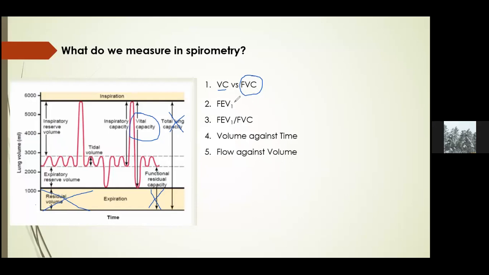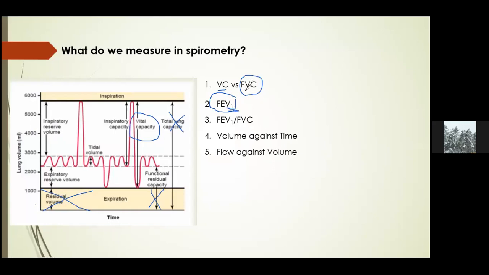It can also measure FEV1, and because I'm running out of time, I normally like taking my pre-lab for 1 hour. So next time I will discuss the forced expiratory volume in the first 1 second, FEV1. Then you're going to compare.